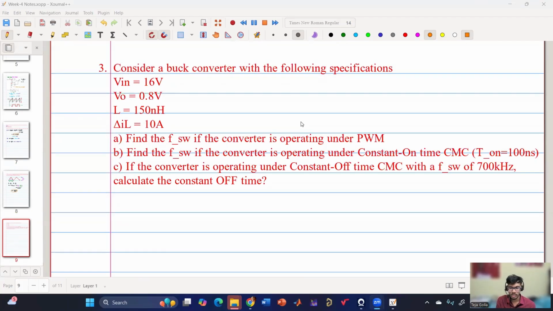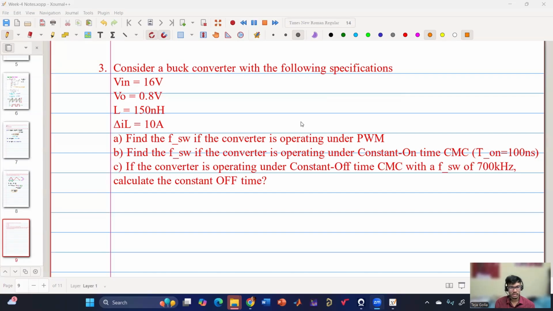So just give this question a read. I'll give you some time, then we can start solving. Clear or any doubts?